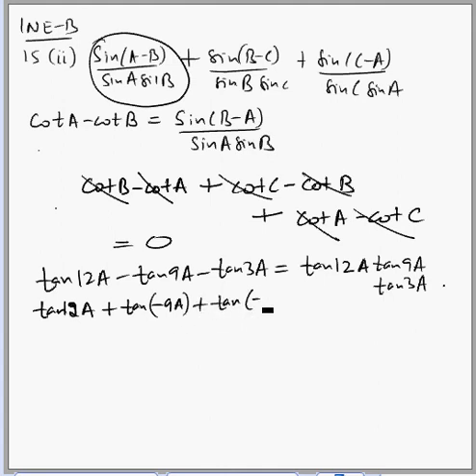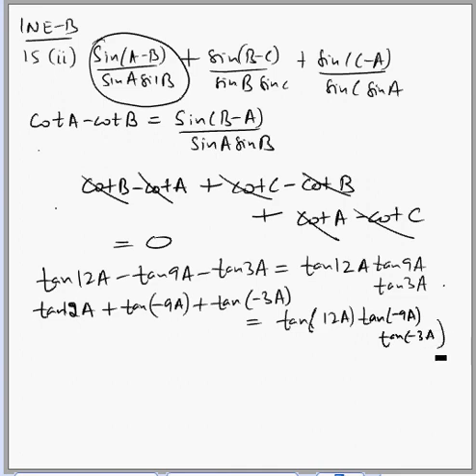I can generate two minus signs here: the plus sign I write as minus into minus, and one minus I combine with 9A, it becomes minus 9A, another with 3A, it becomes minus 3A.